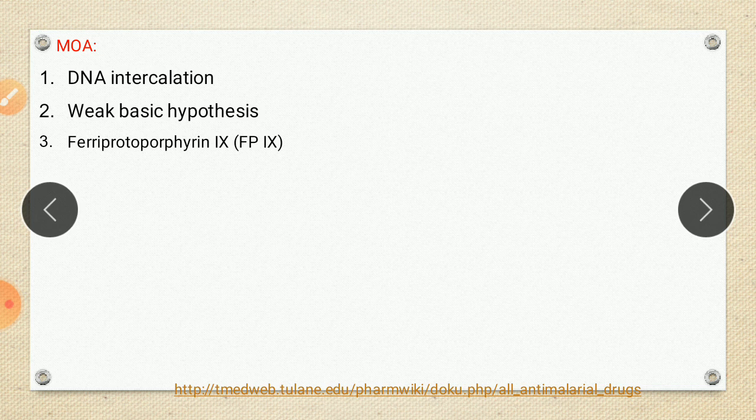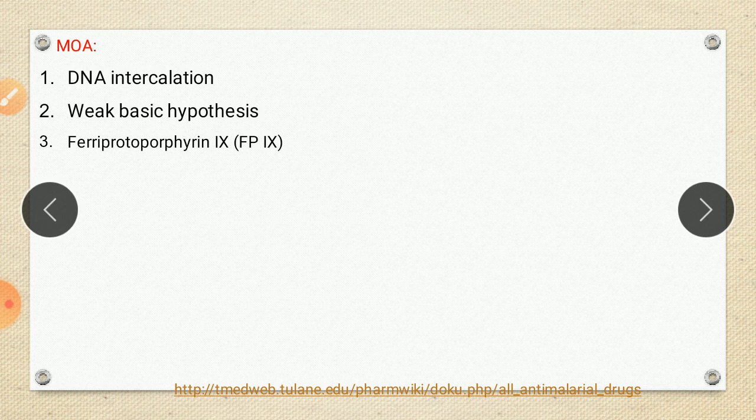So previously it was thought that these drugs intercalate in the DNA of the parasite and therefore inhibit DNA synthesis, but this theory failed because the concentration required to inhibit DNA synthesis is more than the concentration required to kill the Plasmodium species.